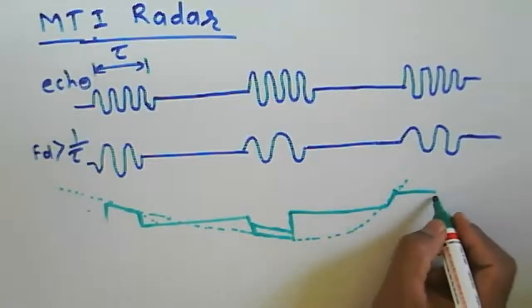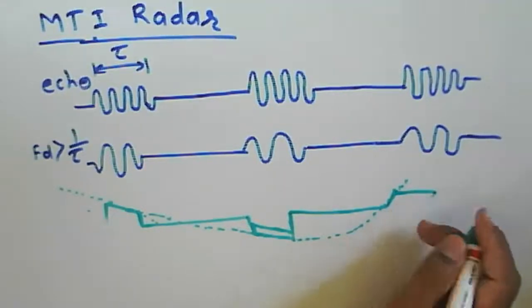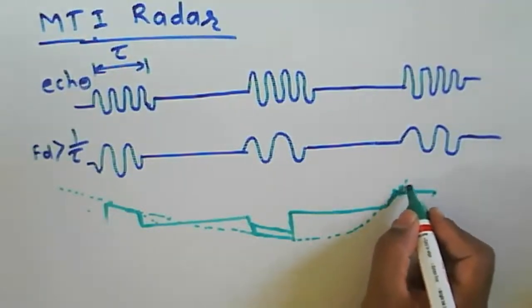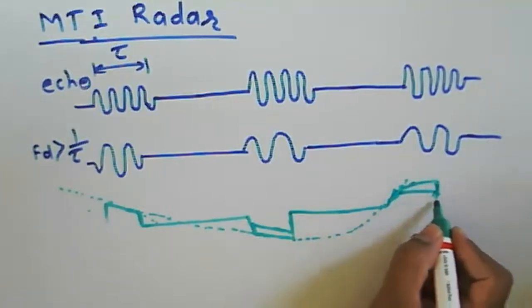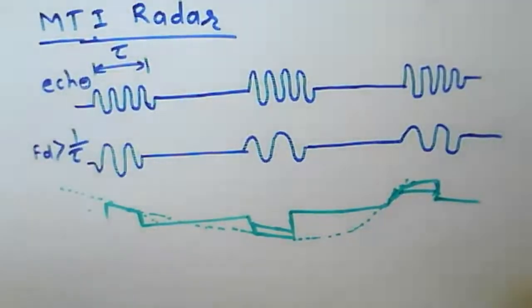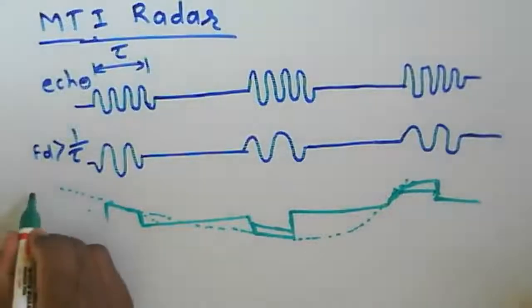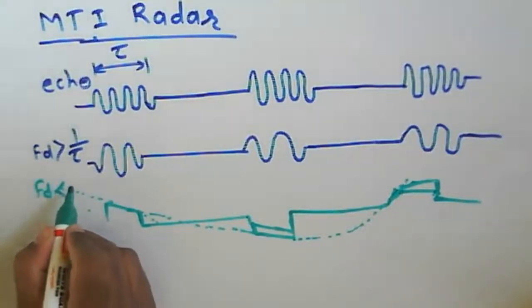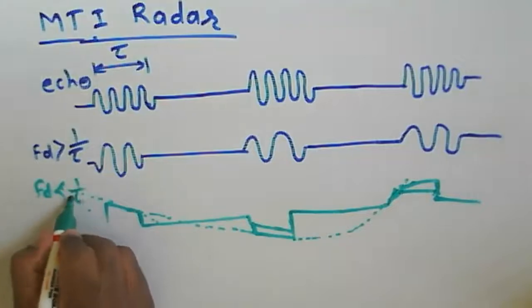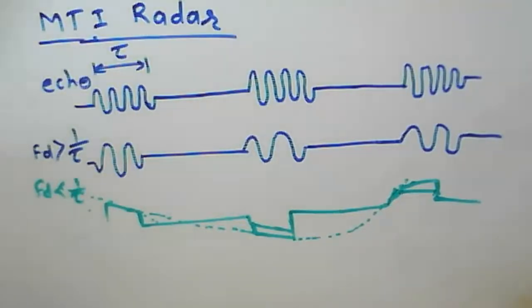The condition is that FD is to be very small, less than 1 by 2 here. So that is the situation.